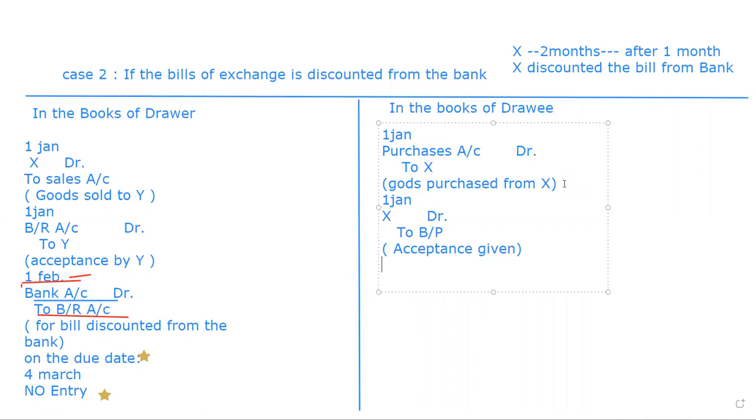When Y gives the acceptance, what should be the next entry on the date of discounting of the bill? When the discounting of the bill is there, it doesn't affect X in the books of Y, because Y has to pay the amount at the time of maturity.